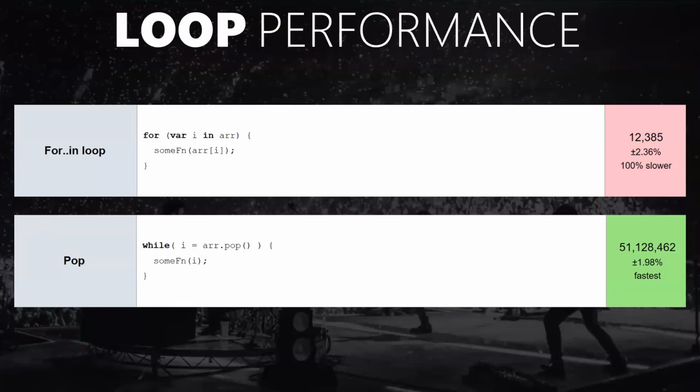We were able to do 51 million operations by using a while loop and pop with an array, but only 12,000 while accessing the exact same array with a for in loop. So using the right type of loop and the right type of access for the data object that you require makes a massive impact on performance and security, but we'll come across that afterwards.